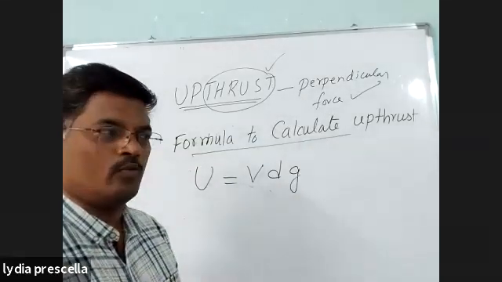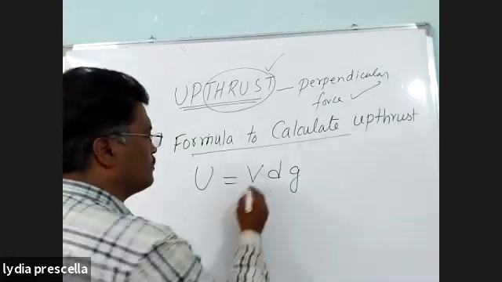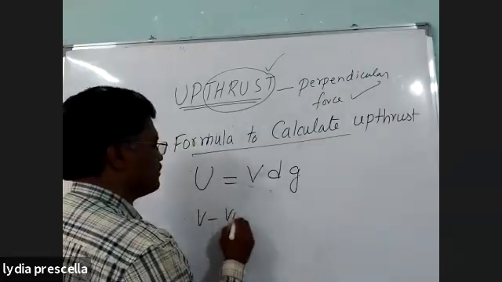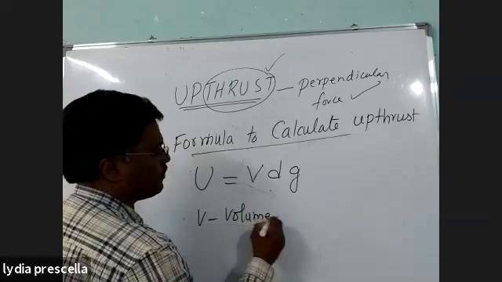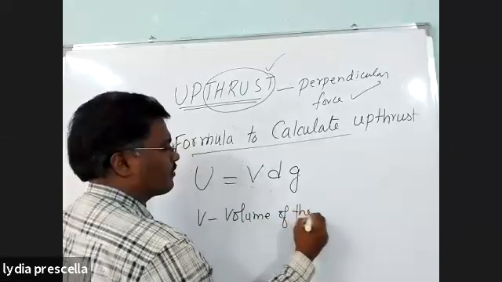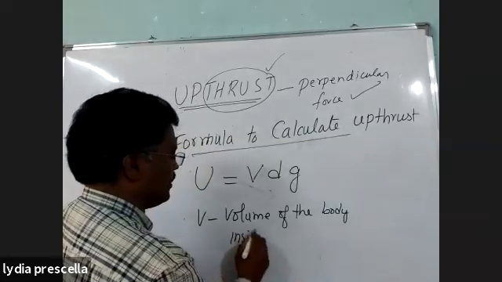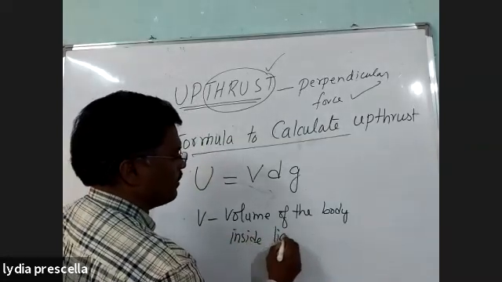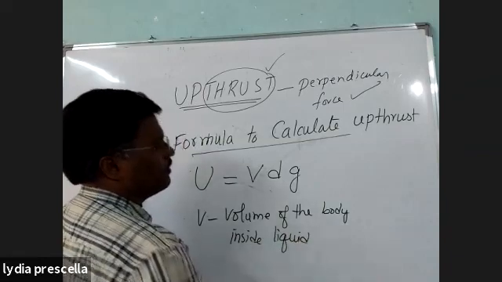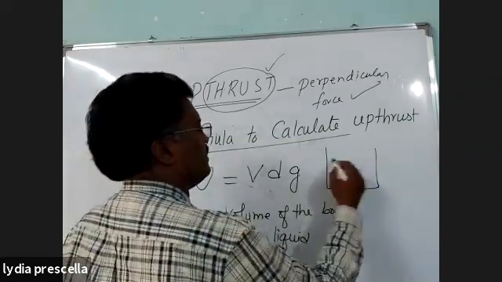Whose volume? What volume? They don't write. So I write V means volume of the body inside liquid. Suppose the body is like this.